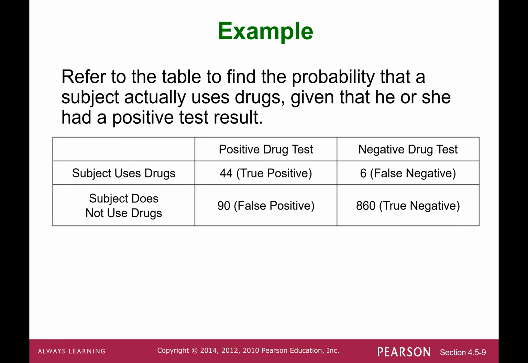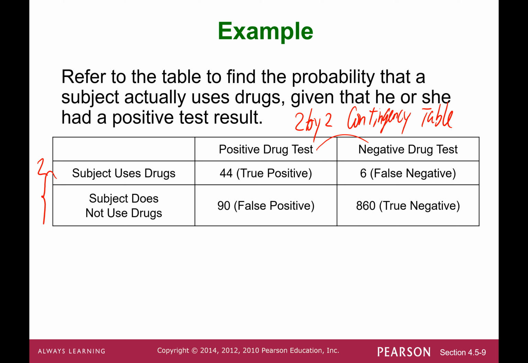And let's take a look at this 2 by 2 table. This is what we call a 2 by 2 contingency table. This table will have 2 rows and 2 columns.